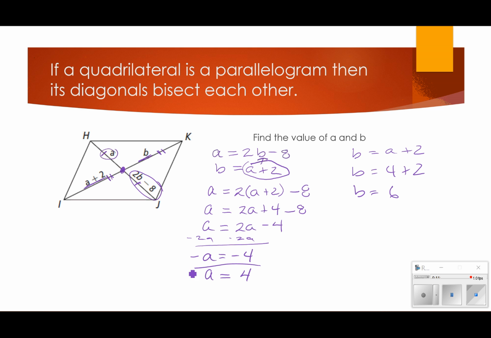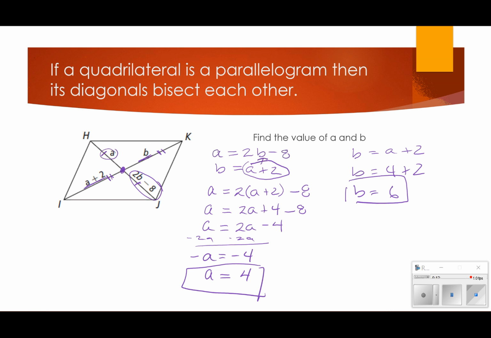Okay, so that's all they asked me for, was those values. But remember, we could plug it back in to see if it works. If I were to put A, 4, in there, excuse me.